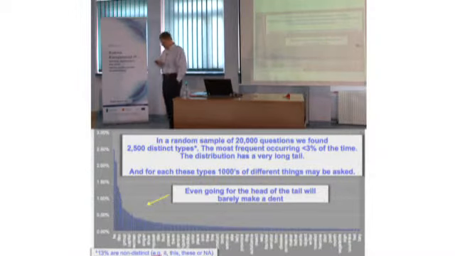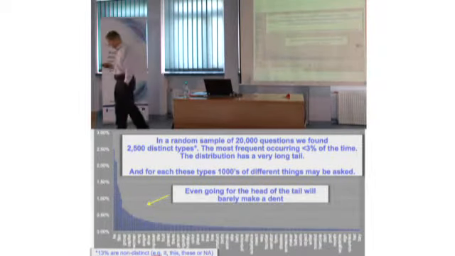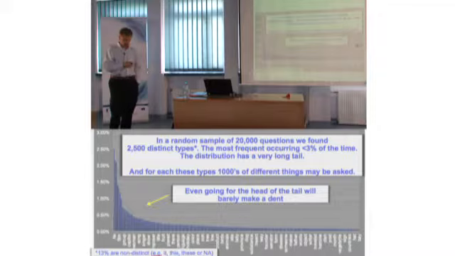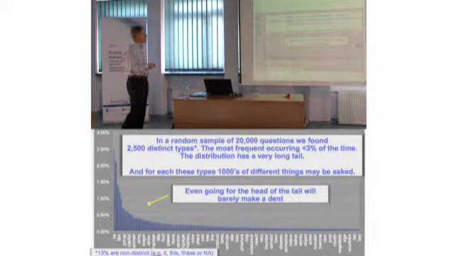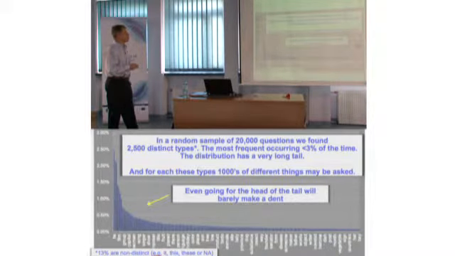Now, I said broad domain. Here is one measure of why the Jeopardy domain can be called a broad domain. We have a distribution here of what the clue is looking for, on a random sample of 20,000 questions.